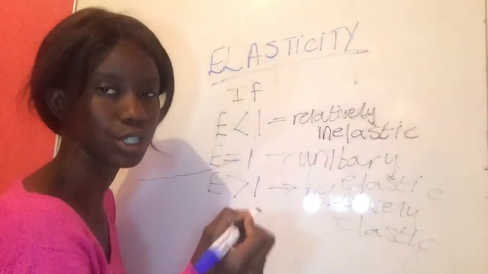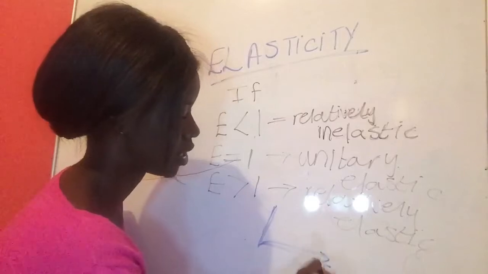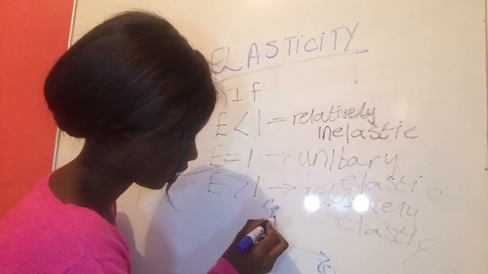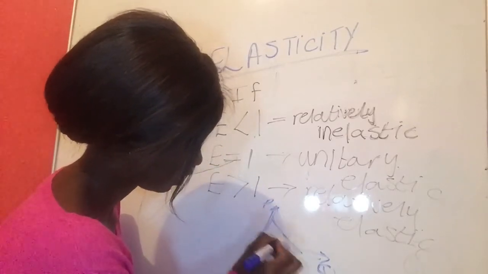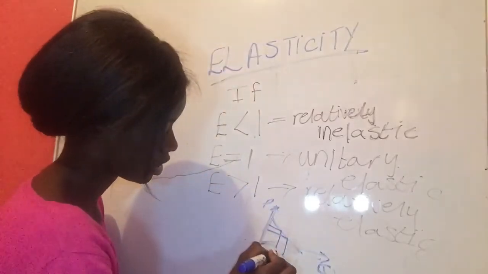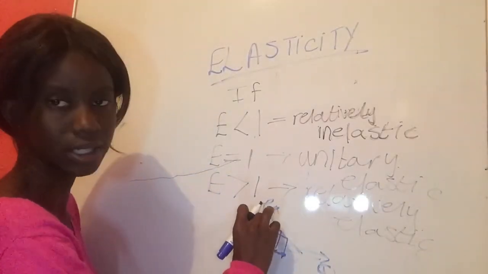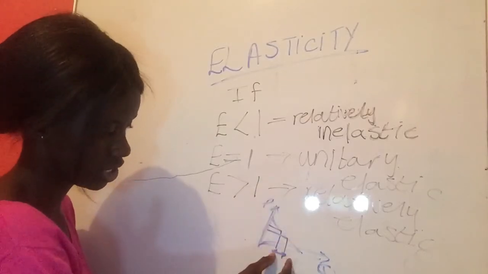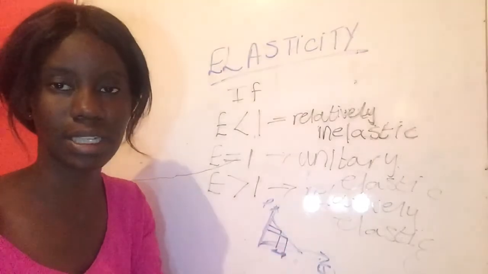Let me just draw a quick graph. You have quantity, you have price, and graphs that look like that, where the change in quantity is greater than the change in price. I hope you can see that this part is bigger than this part. Such graphs are relatively elastic.